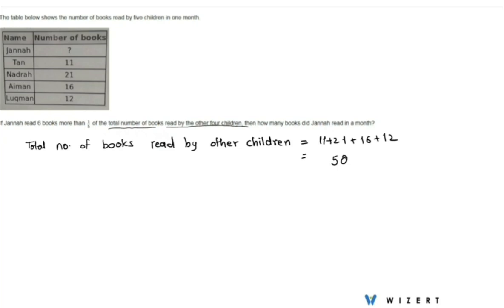So this is the total number of books read by other children.